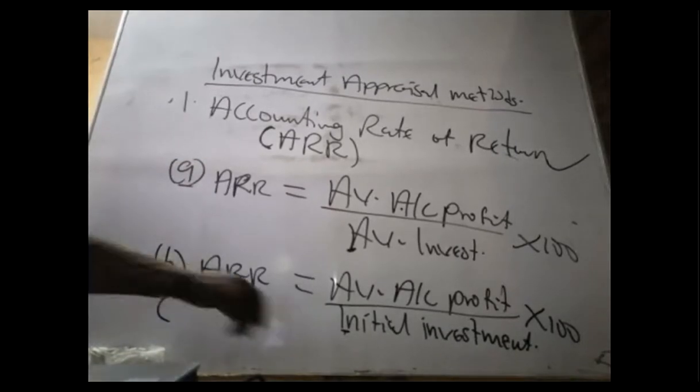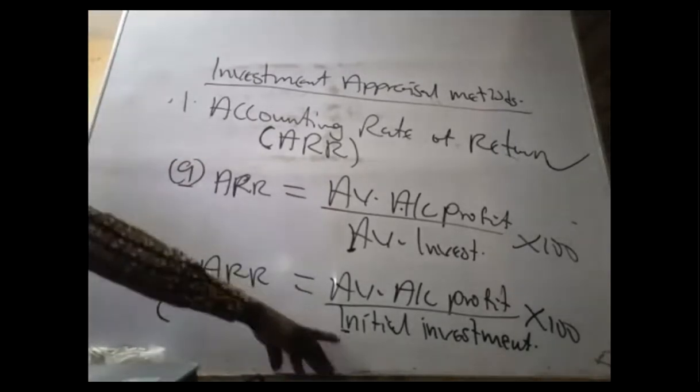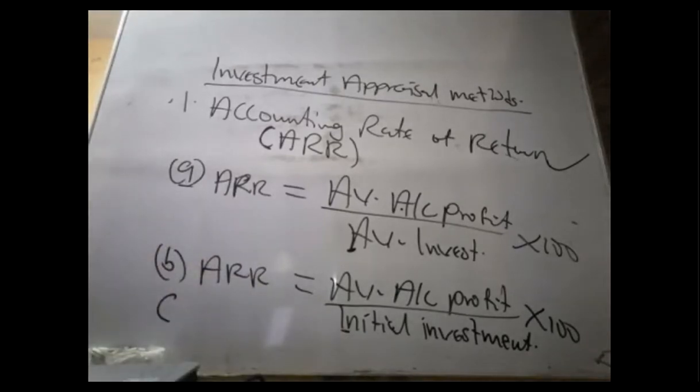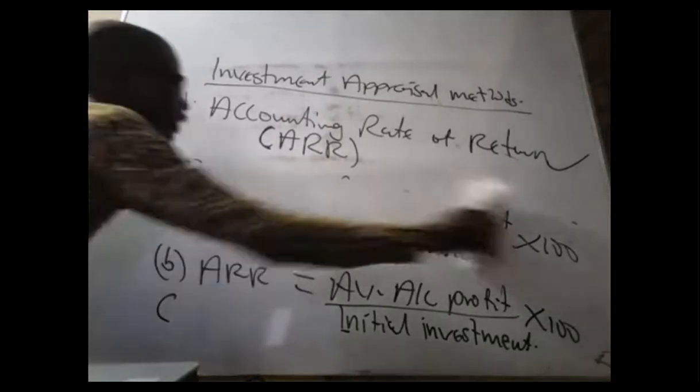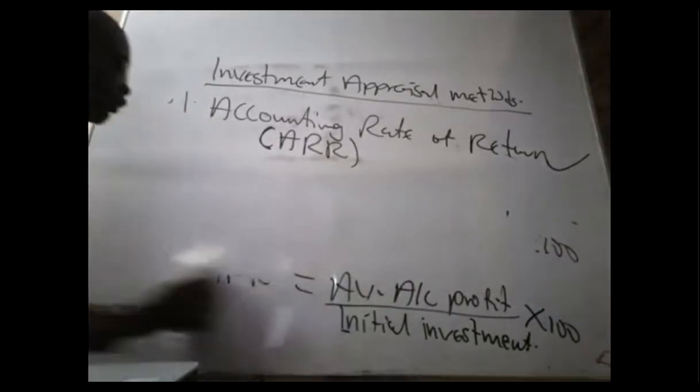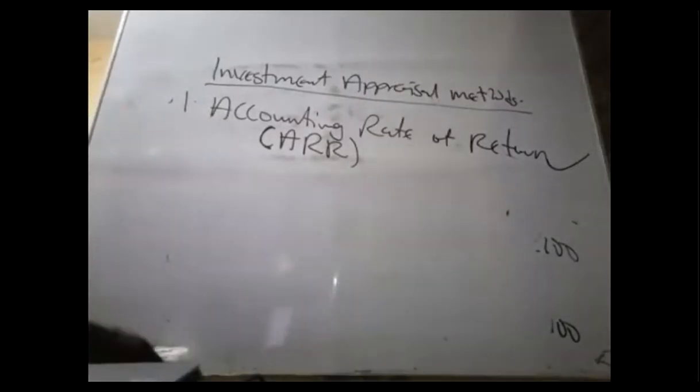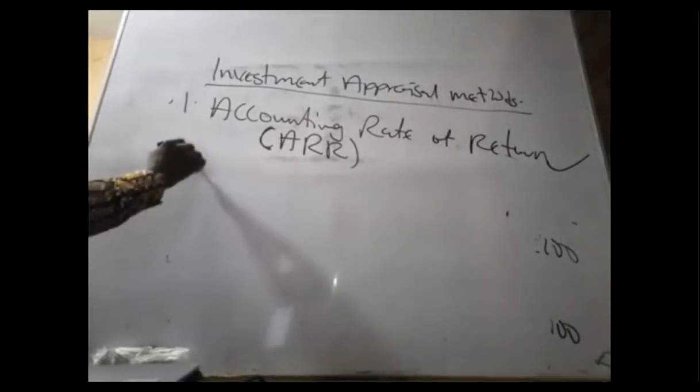Initial investment, I don't need to provide a formula. There's no formula for initial investment. Initial investment is the capital sum of money that you need to pump into the business. Let's provide extra notes.